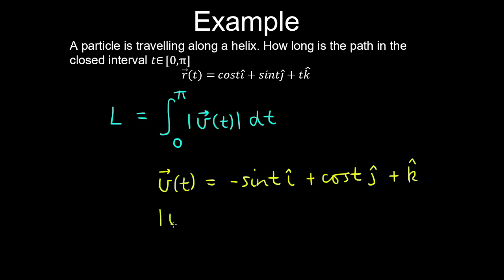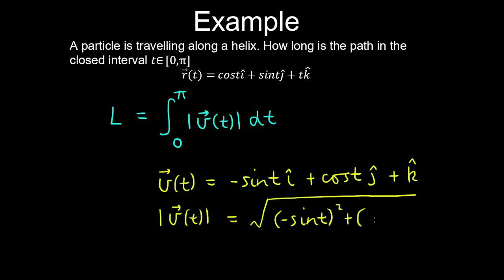Therefore the magnitude of v is equal to the square root of (minus sine t) squared plus cosine t squared plus 1 squared, which using the trig identity gives us root 1 plus 1, or root 2.